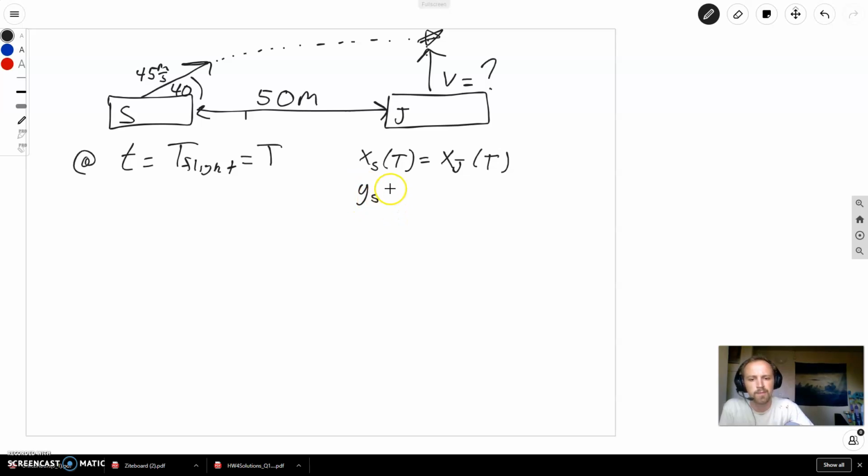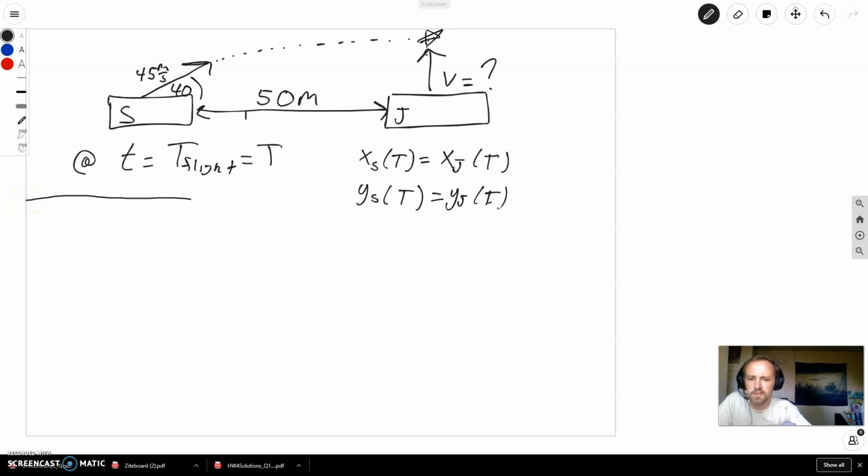And this is true for both the X and Y components. Right? Because in order for them to high five, they have to be at the same place at the same time. Same X coordinates, same Y coordinates at the same time.